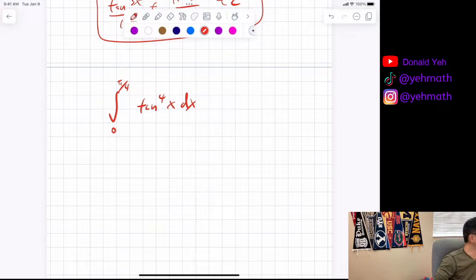Okay, last one. Now this is even power. Now there's no power reducing. That's okay. U substitution can simply take care of a lot of situations. You just have to get to a position that's integrable. So it's not too bad. I think it's manageable.